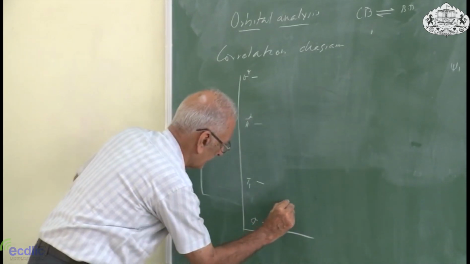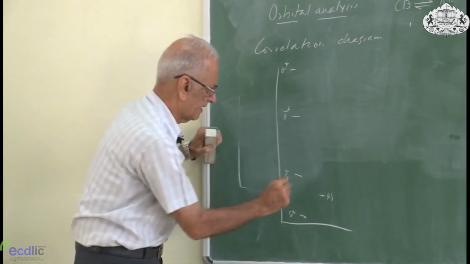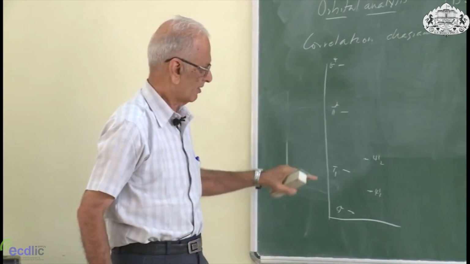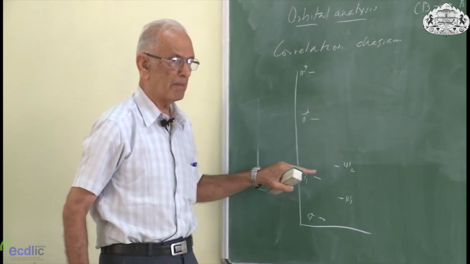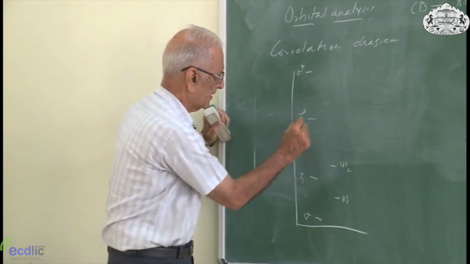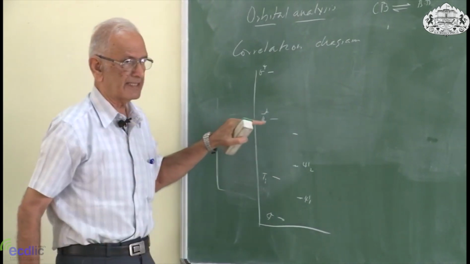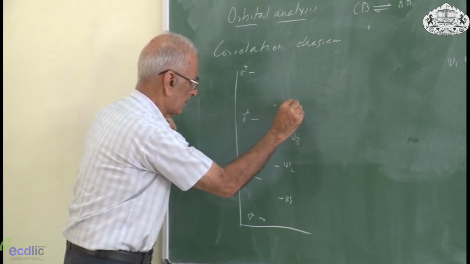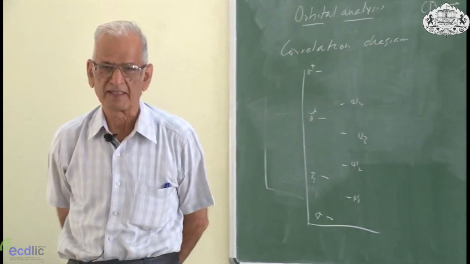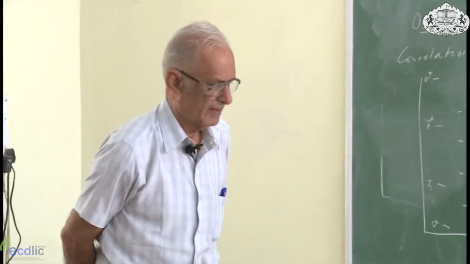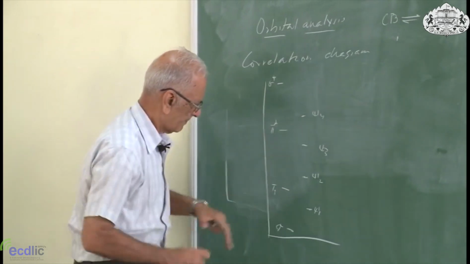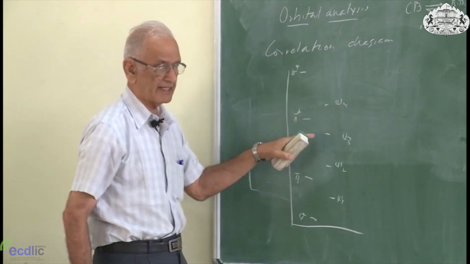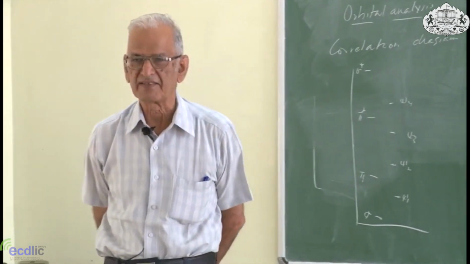So, psi 1 is of lower energy than pi, and psi 2 is of higher energy than pi, because pi 1 minus pi 2 gives you this. Similarly, pi 1 star plus pi 2 star gives you psi 3, pi 1 star minus pi 2 star gives you psi 4. So, pi is between psi 1 and psi 2, pi star is between psi 3 and psi 4.